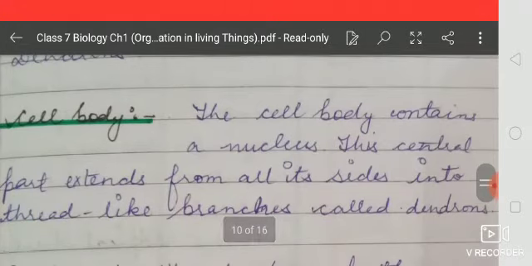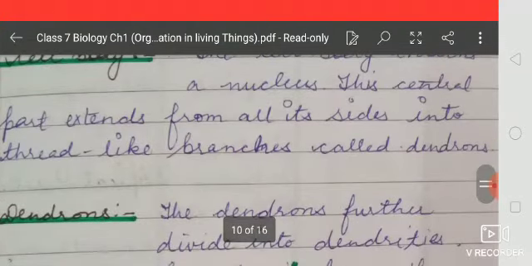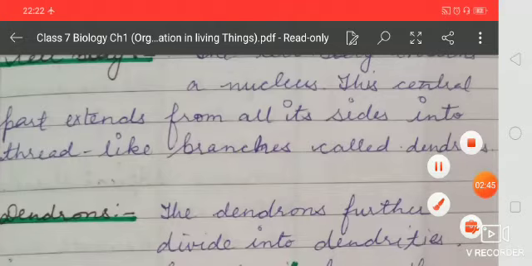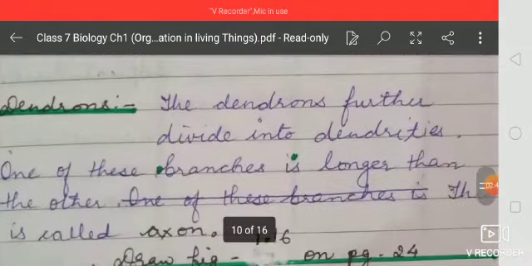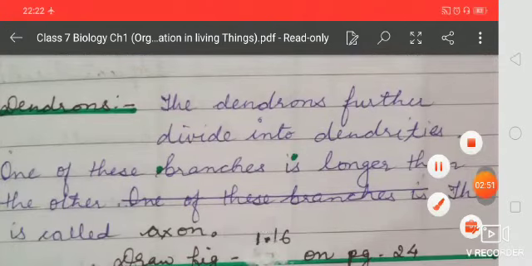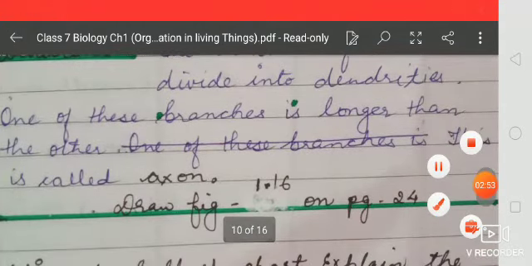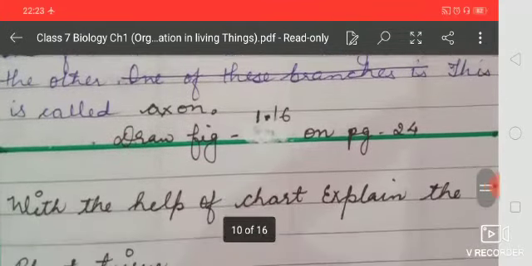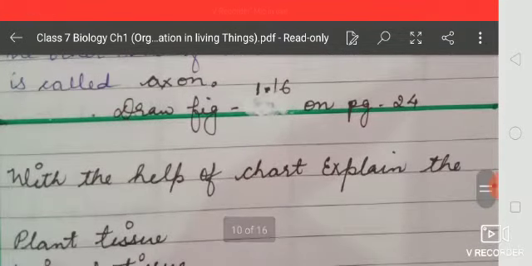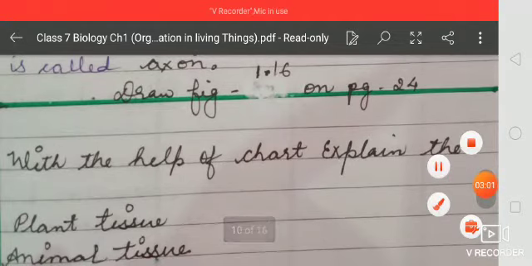The cell body contains a nucleus at its center, and part extends on all its sides into thread-like branches that are called dendrons. The dendrons are further divided into dendrites. One of these branches is longer than the others, and this is called the axon. Its figure you have already seen.